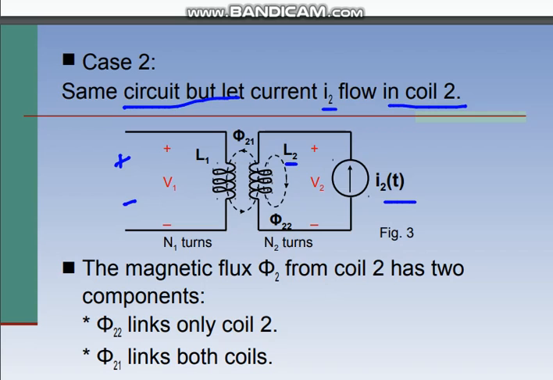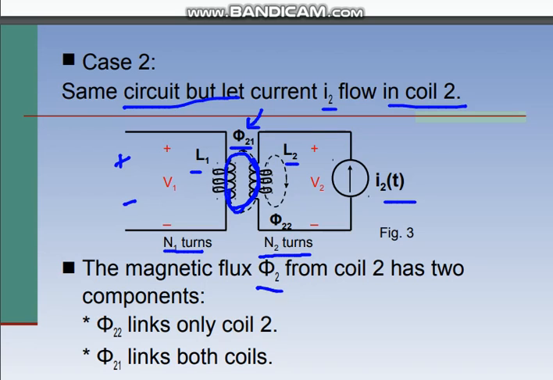So L1 is the self inductance of coil 1 with N1 turns, and L2 is the self inductance of N2 turns. So the mutual inductance will be created between these two. As you can see, there is a line that has been created between these two coils, that is known as mutual inductance, and the mutual flux is phi 21.